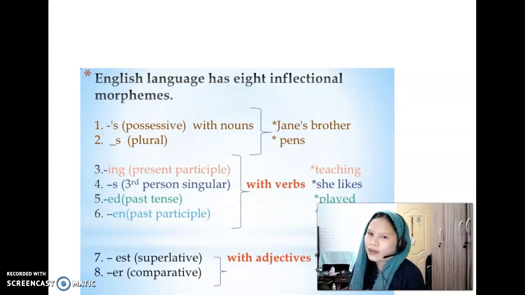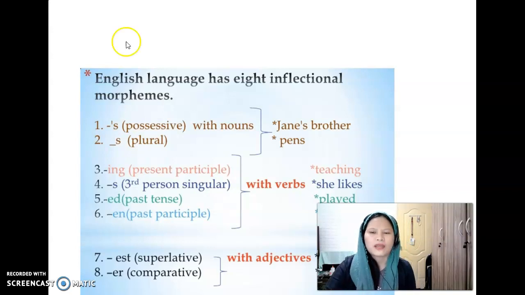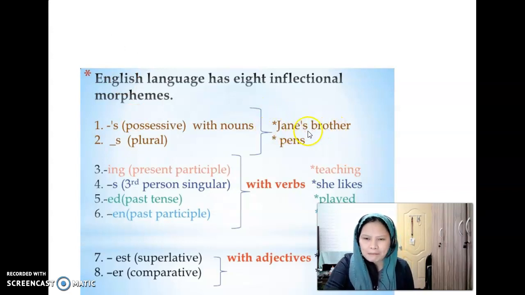So we can have a possessive form of the word. We have an example, Jane's brother. It remains the same. We're just portraying that it's Jane's brother, and we can have it plural without changing it. We have ing from the word teaching. It's the same verb, teaching. And we also have likes from the word like, played, forgotten.